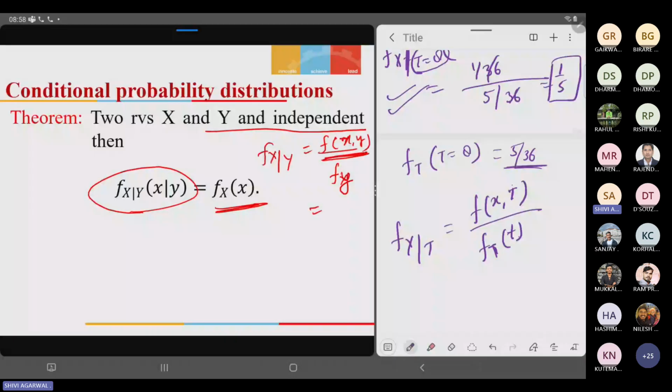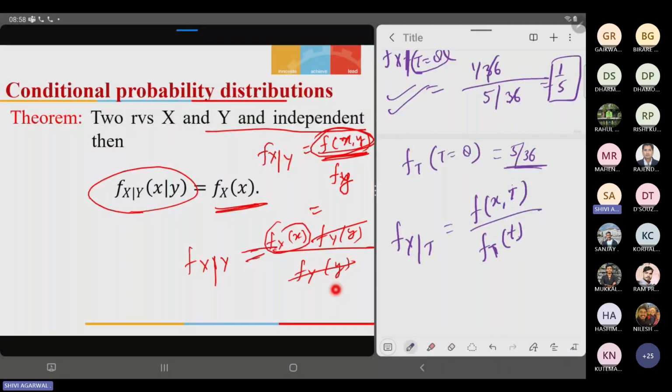Now you know that if they are independent, then we can write the numerator as f of x of x into f of y of y. And in the denominator we already have f of y of y. So that's why we can say it is equal to f of x of x.